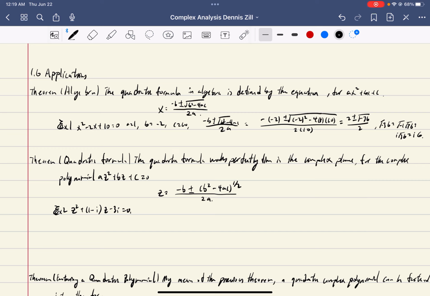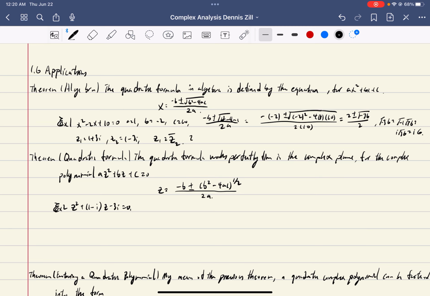And well, we can write our complex roots: z1 is equal to 1 plus 3i, and z2 is equal to 1 minus 3i. Notice that z1 is the complex conjugate of z2, and z2 is the complex conjugate of z1, like that.